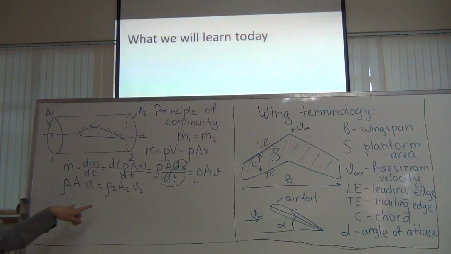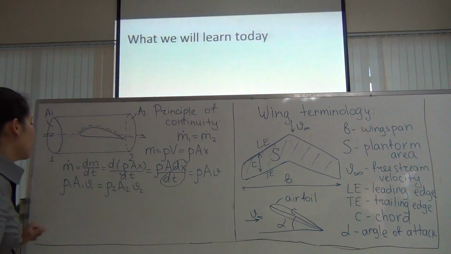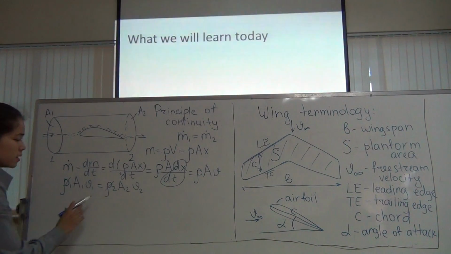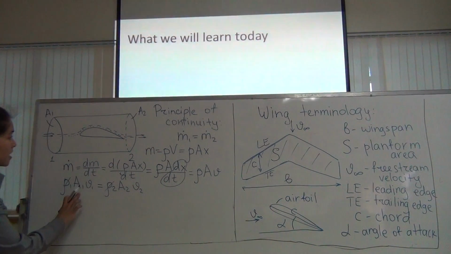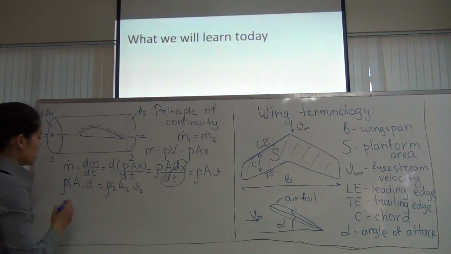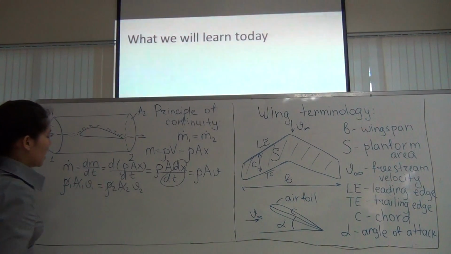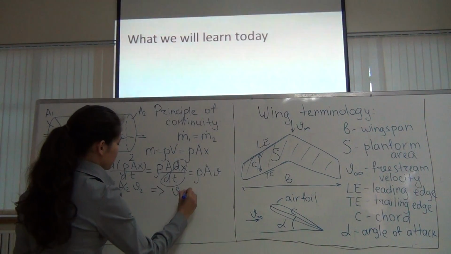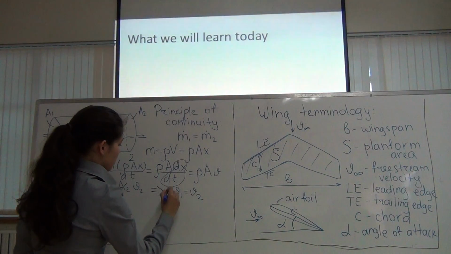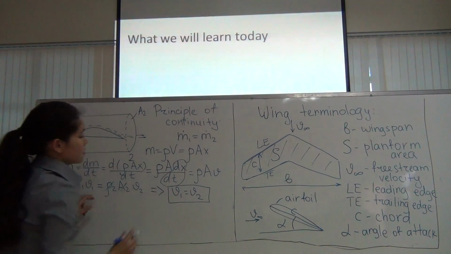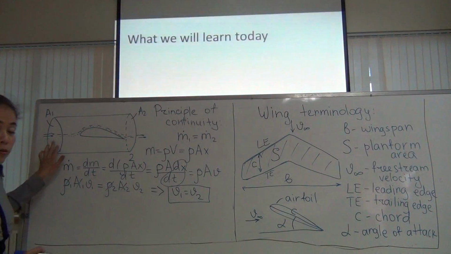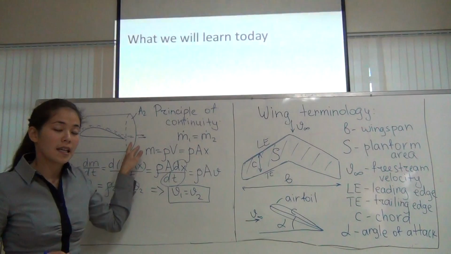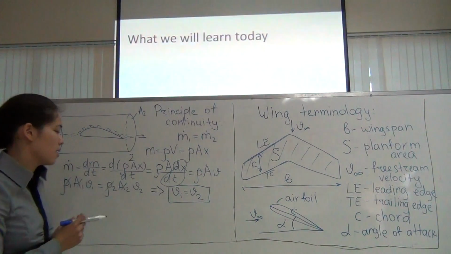So what can we conclude from this expression? If density stays the same, we can cross it out from both sides of the equation. The areas are the same by geometry, so we can cross them out, and that will give us that V1 is equal to V2. That is, the speed at which the air enters the wind tunnel will be the same as the speed at which the air exits the wind tunnel.